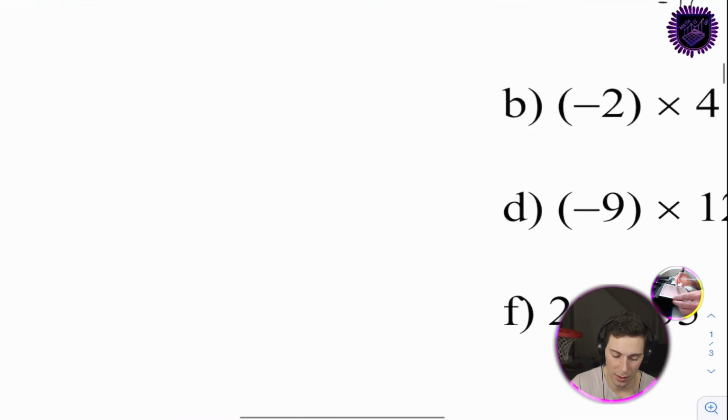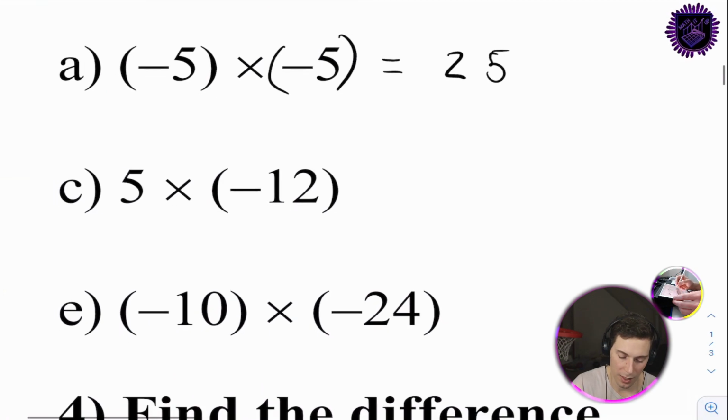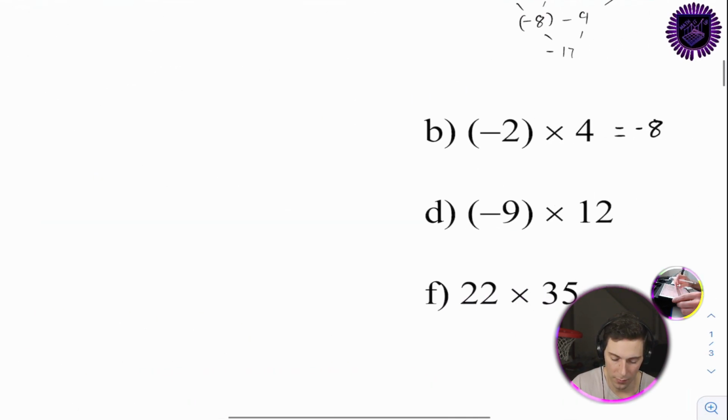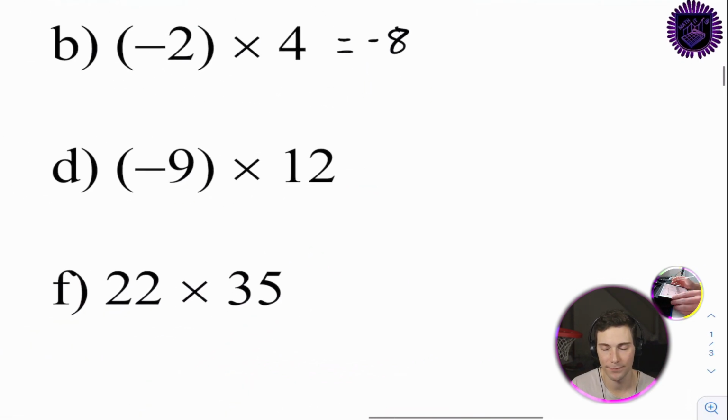Now we're going to 3C, 12 times 5, but it's -12 times 5, so this is going to be -60. -12 times -9. -9 times 12. So let's see, 9 times 12.